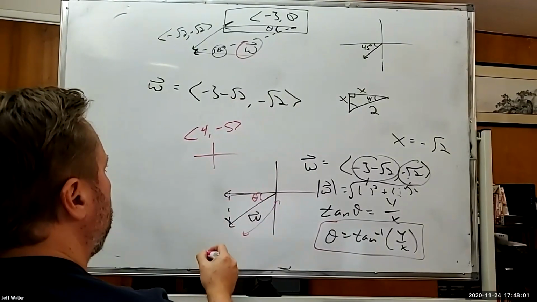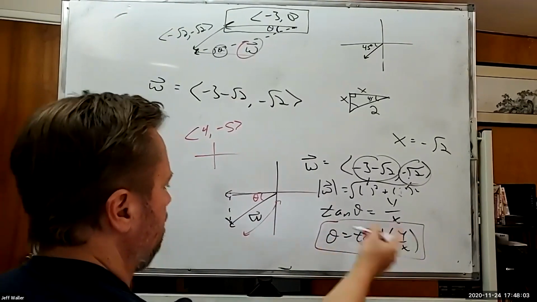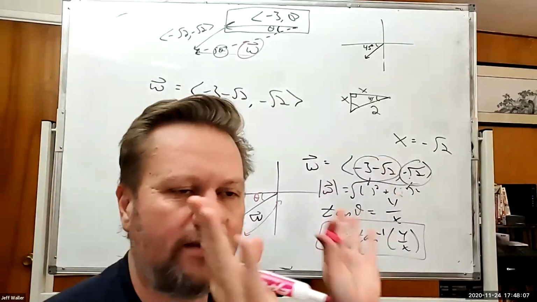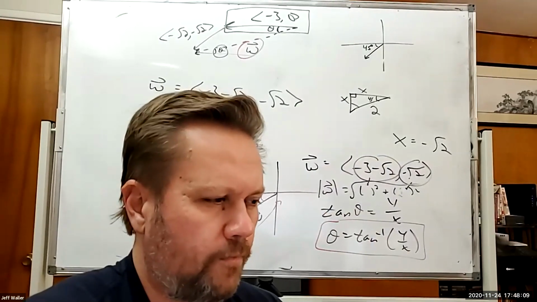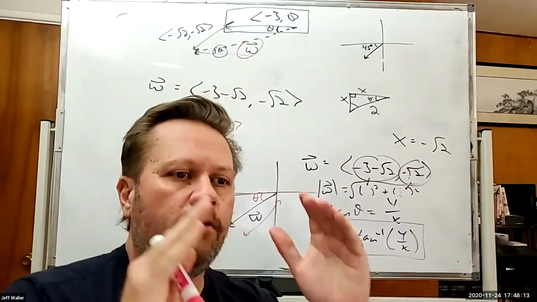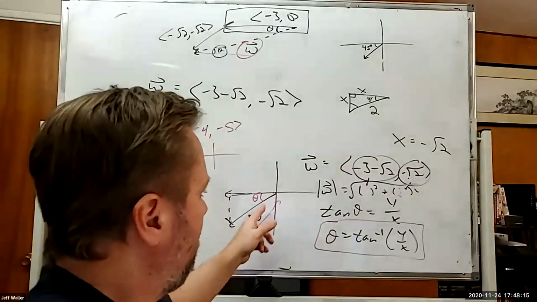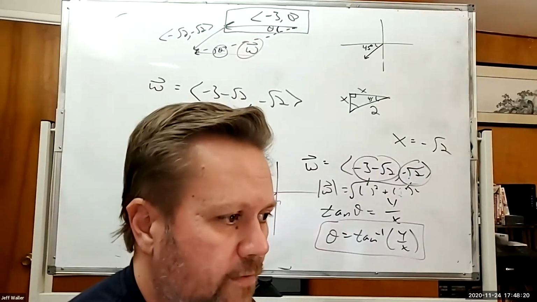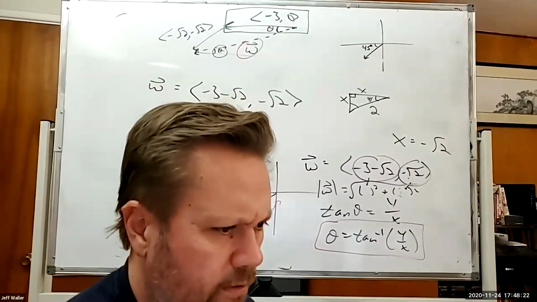What's the angle? I'd rather do that, because then I could just use inverse tangent of -5 over 4, be done with it. I've got nothing else to calculate, right? That's why I go to that. But you're completely right. You could use any other trig function to figure out that angle because you happen to know all the sides of the triangle. Is that all right? You guys all right?